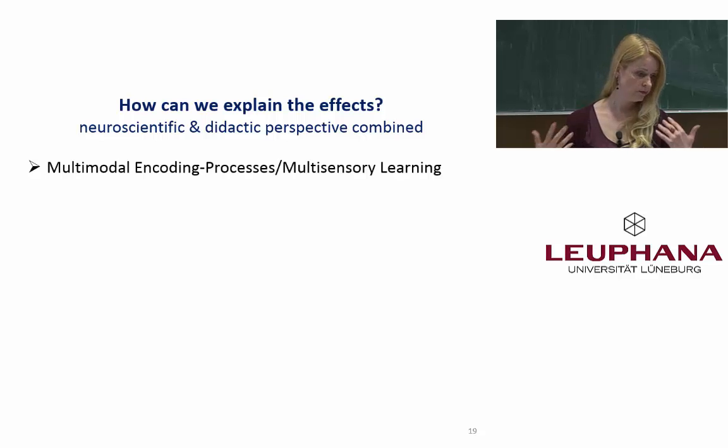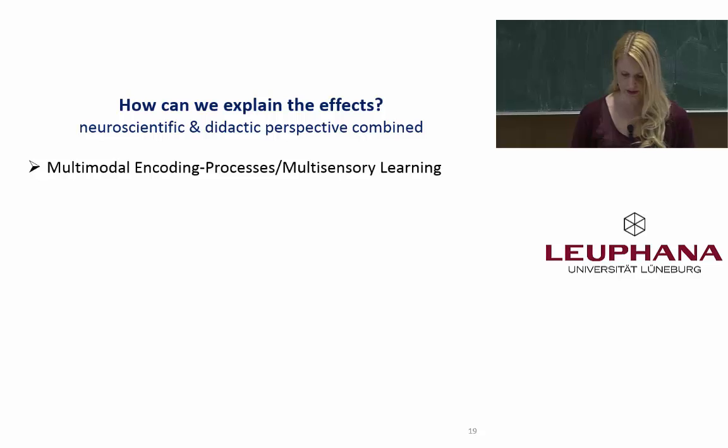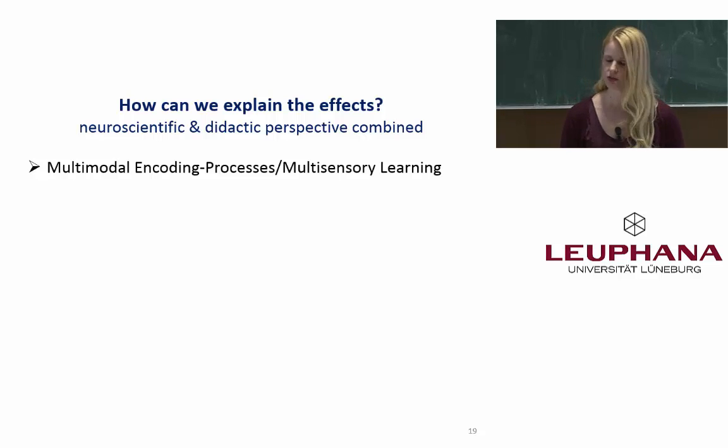So the first bit of my explanation would be multisensory learning. What the data shows us is at least partly due to multisensory learning, or as we call it in psychology, multimodal encoding.